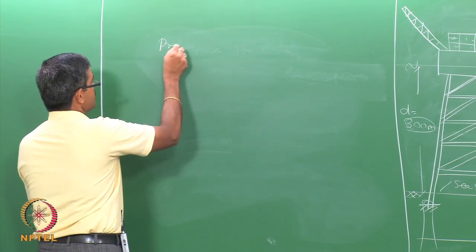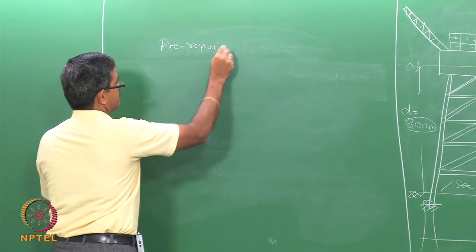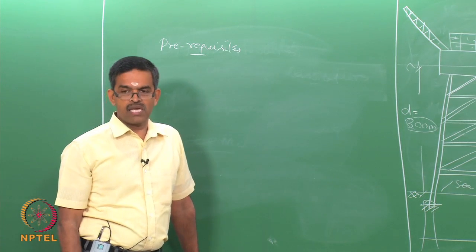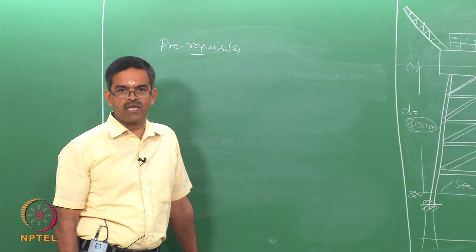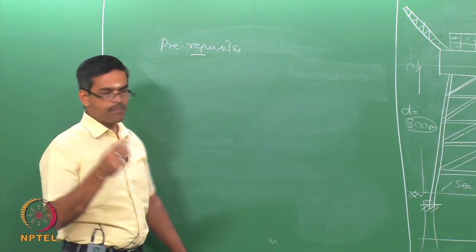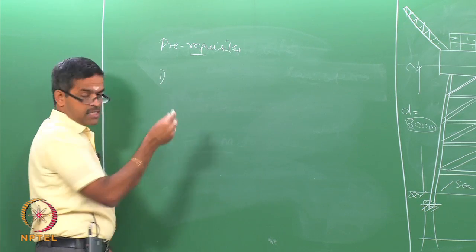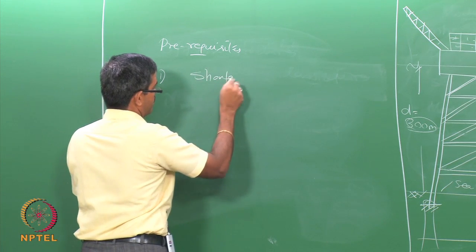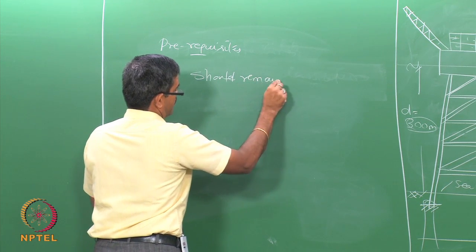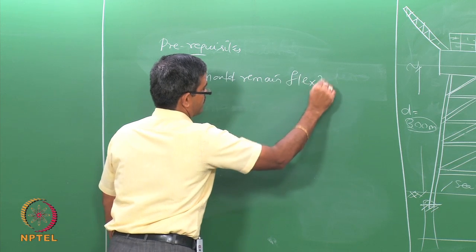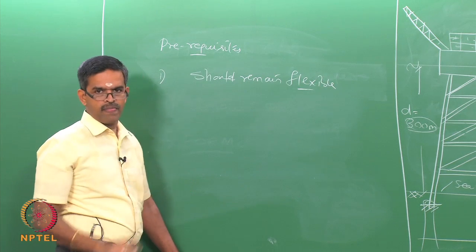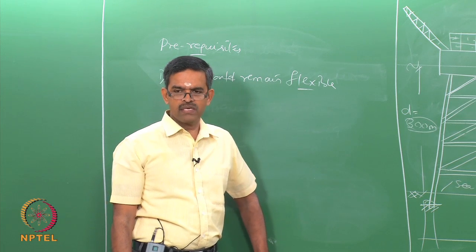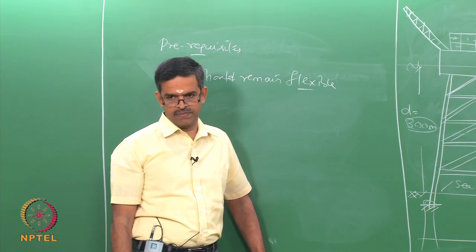There are some prerequisites to make the offshore structures safe while they remain functional. The most important is, it is expected that the offshore structures should remain flexible, because any rigid system always tends to attract more forces.